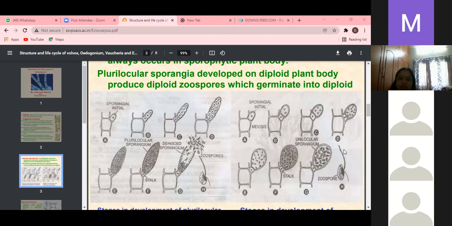They liberate through the opening at the tip of the unilocular sporangium, and each develops into a male or female gametophyte.